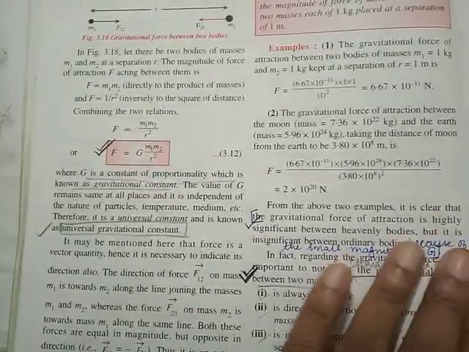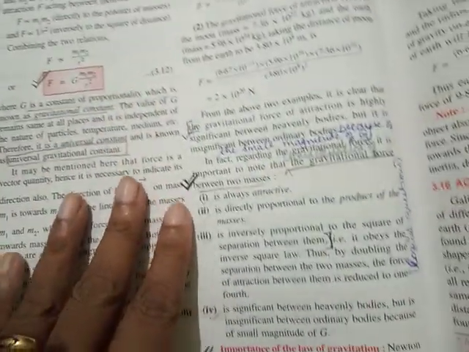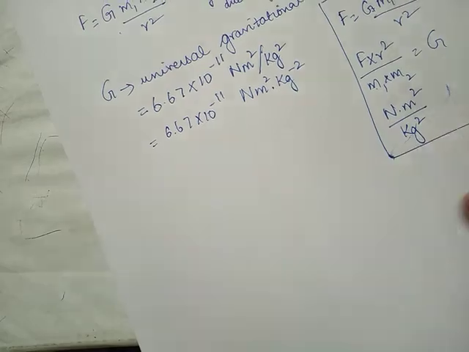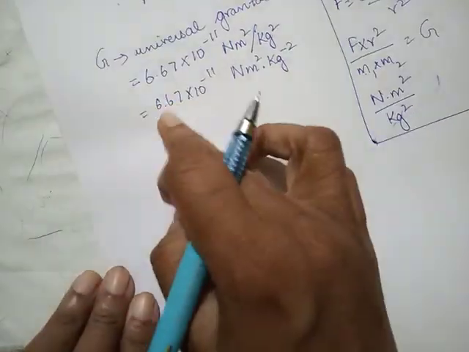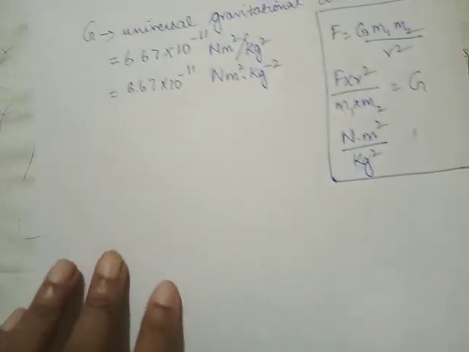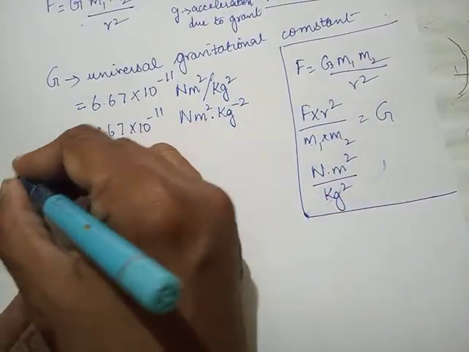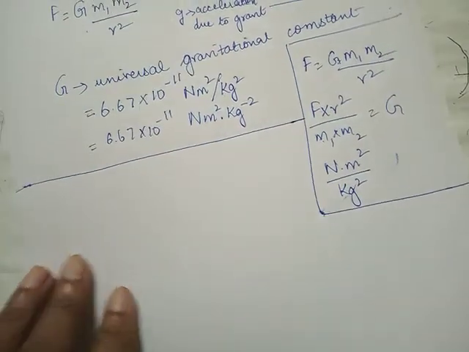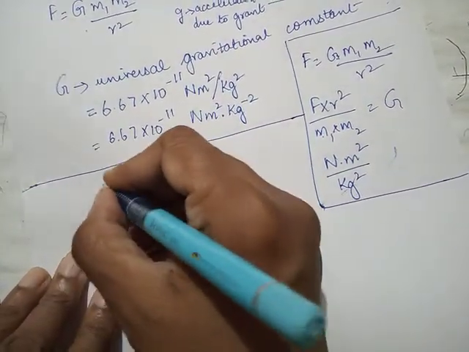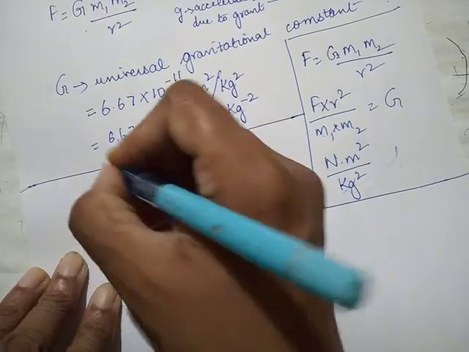Now, what is the significance of the value of G? According to Newton's law, take any two bodies on the surface of Earth. So let us assume two boys.